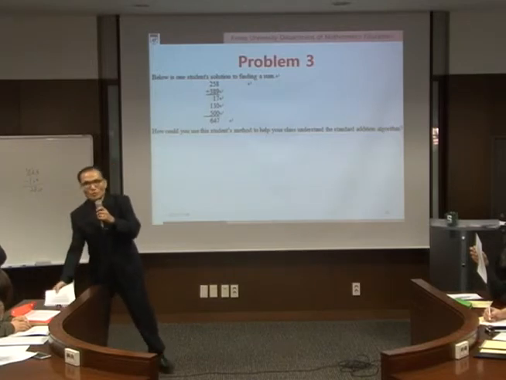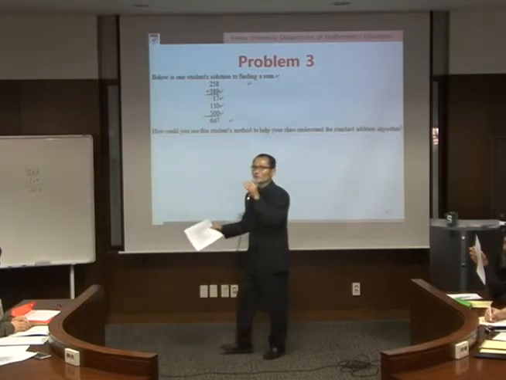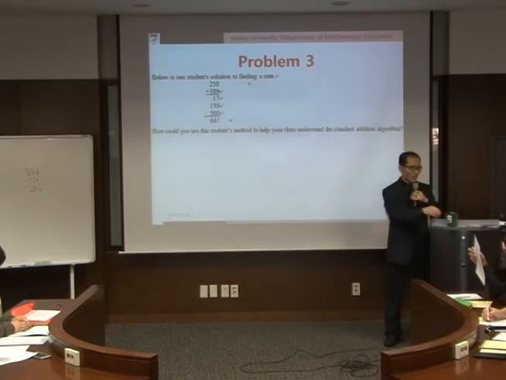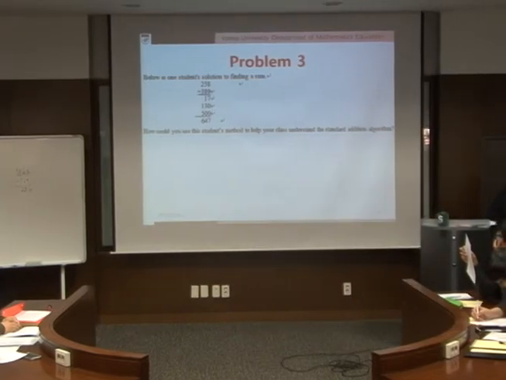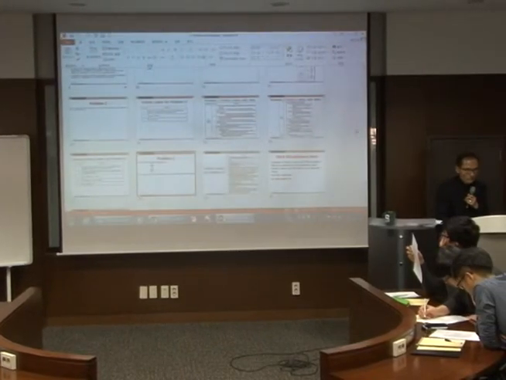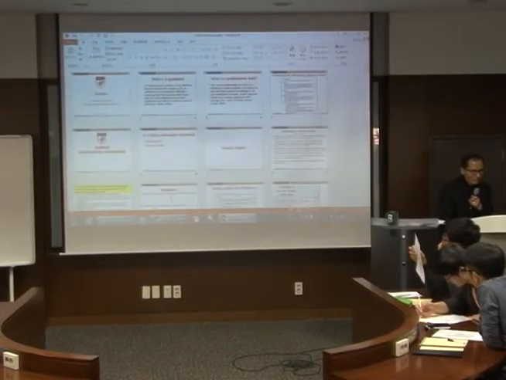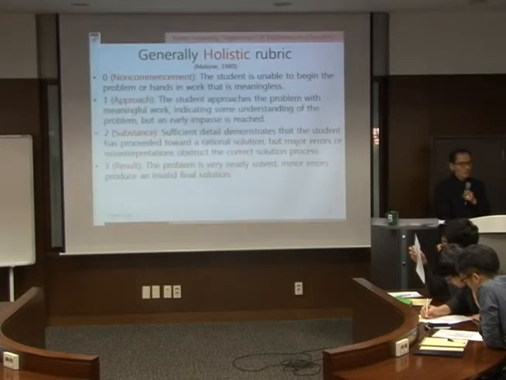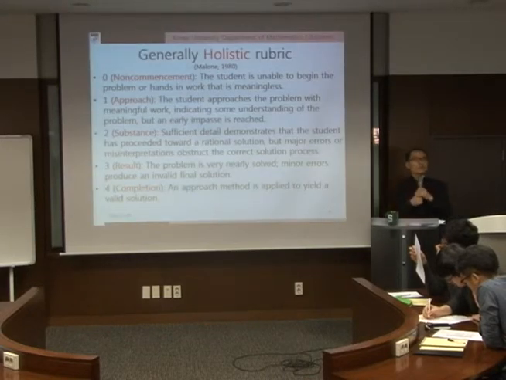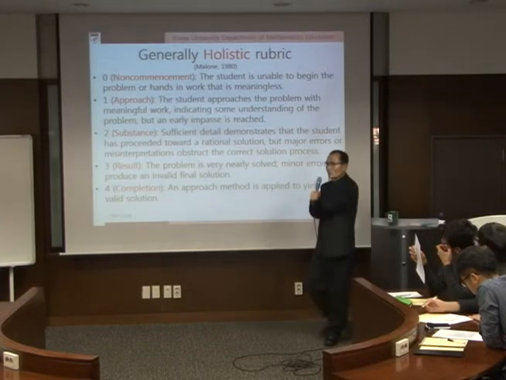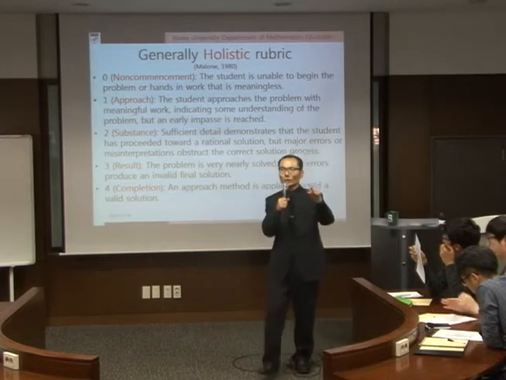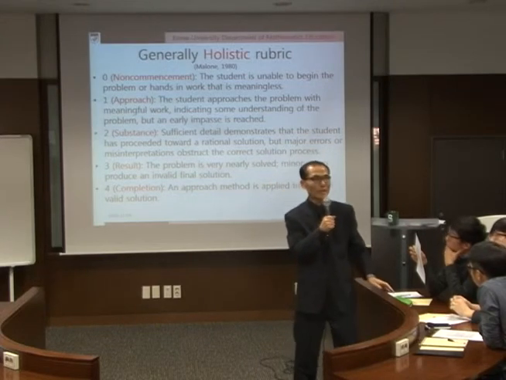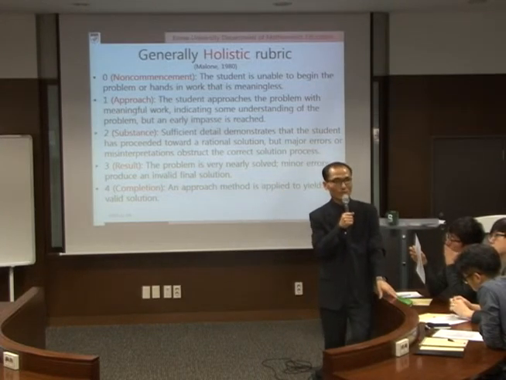So based on two problems in the midterm exam, you need to think about how you can develop a holistic rubric. Basically, one structure you can use, obviously this one, right? I already explained the basic structure. You can use it. But you need to carefully look at the whole point if you're going to select any problem.